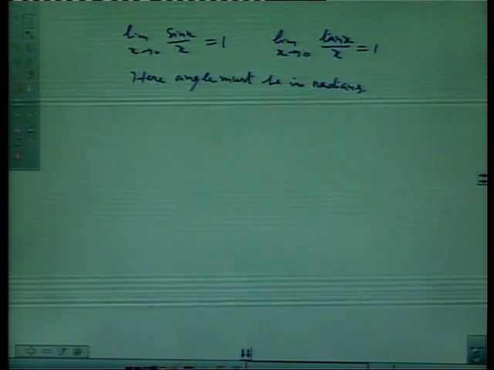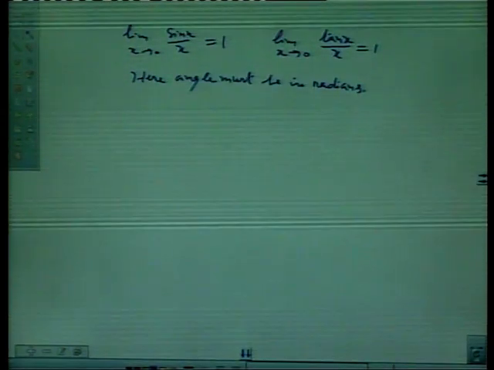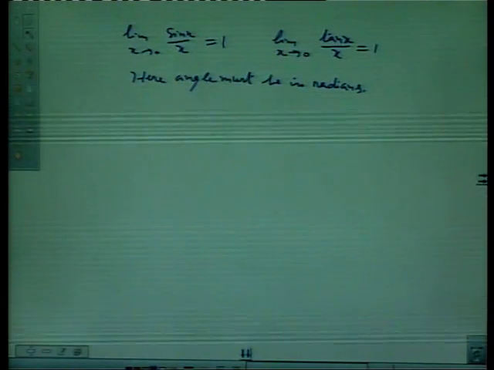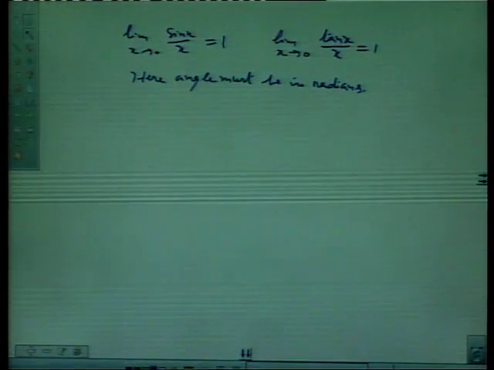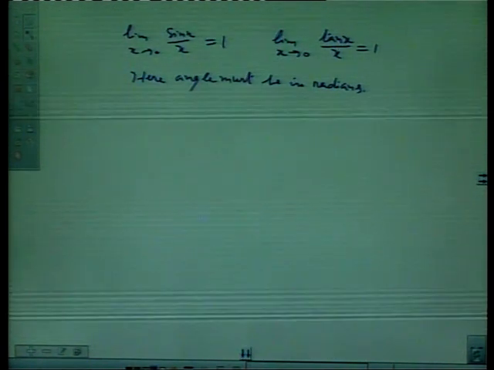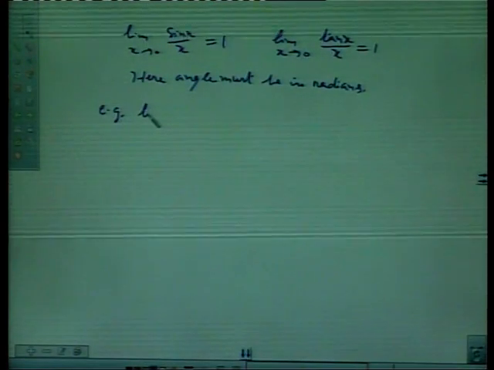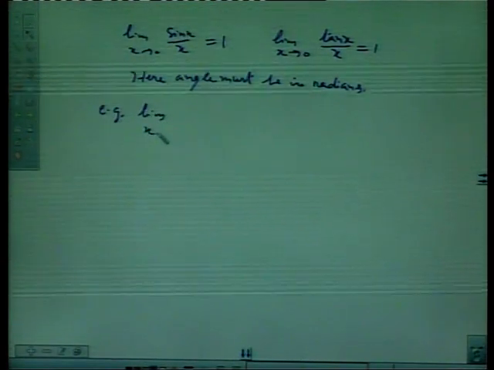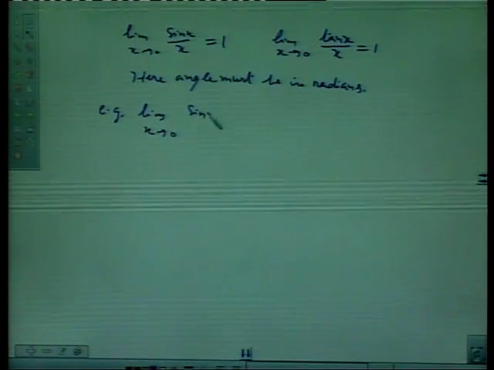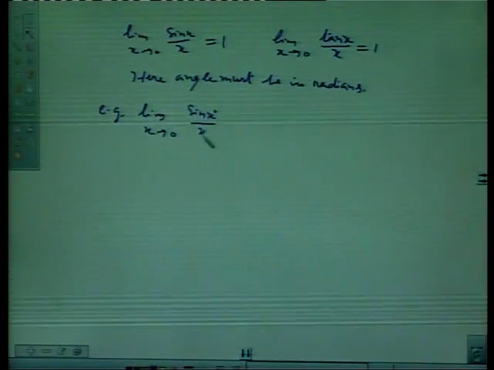We may use this standard limit. So, whenever x is not in radians, for example, if angle is in degrees, we convert into radians. For example, limit x tends to 0 sin x degree upon x.